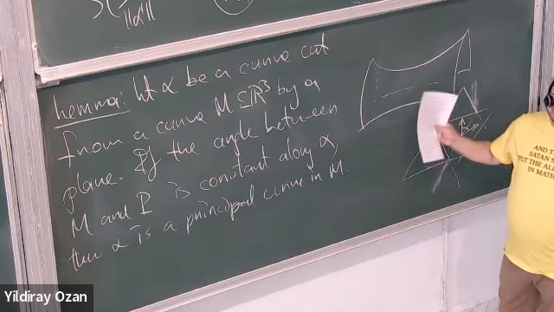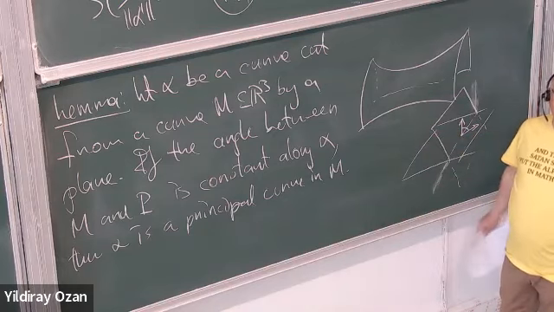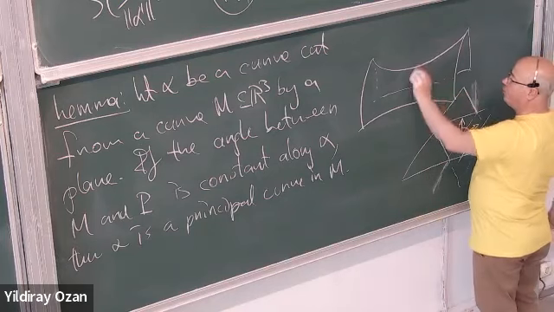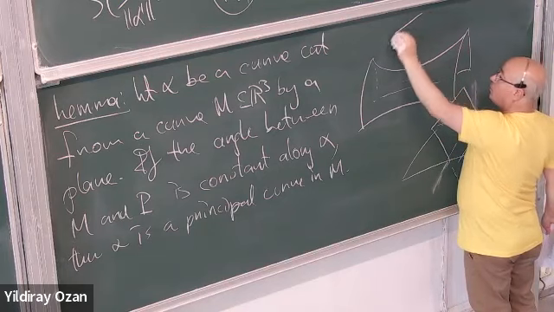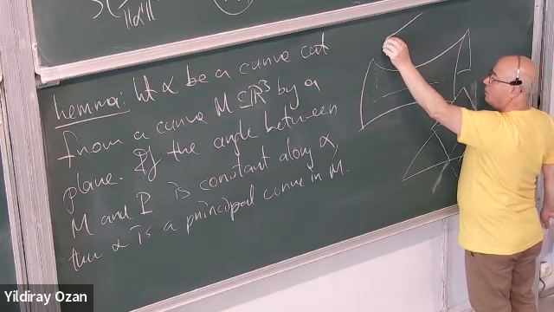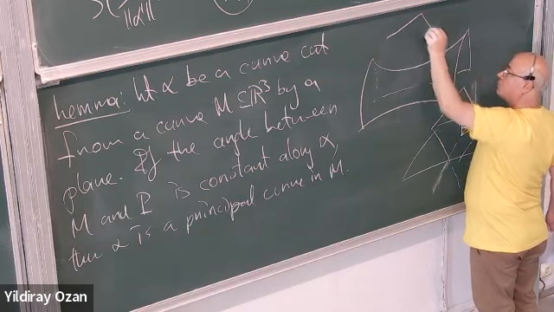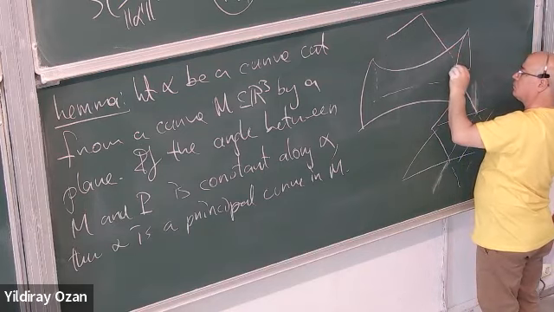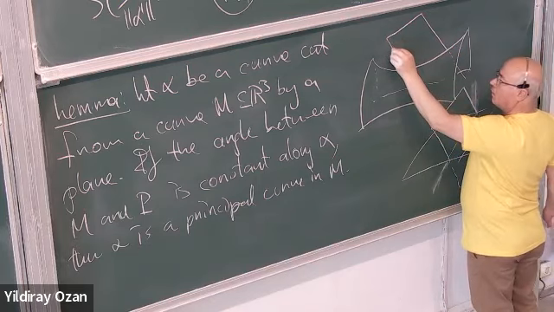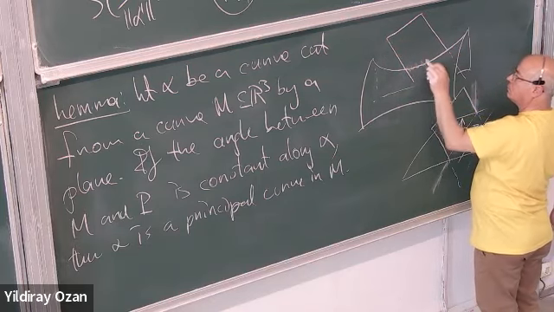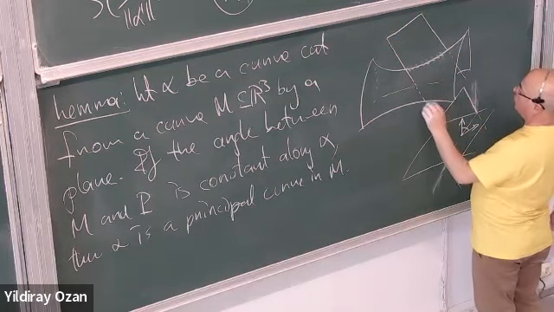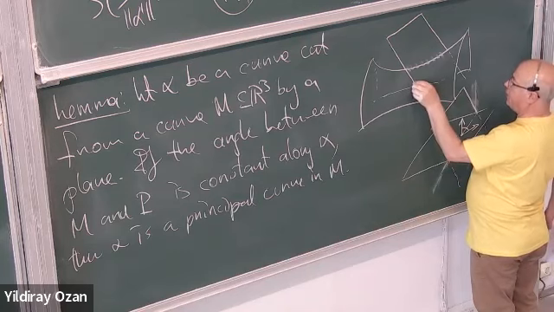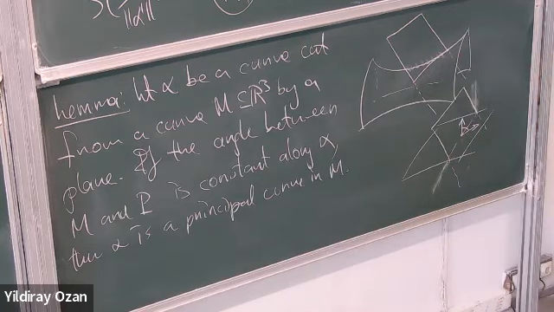For arbitrary surfaces, how would you compute the angle between them? At the point of intersection, suppose this is the intersection of the plane with the surface.